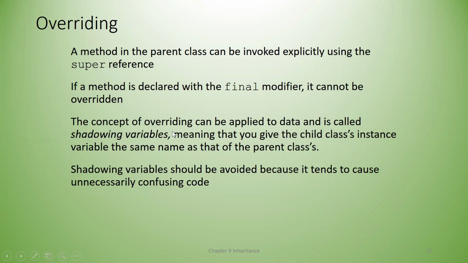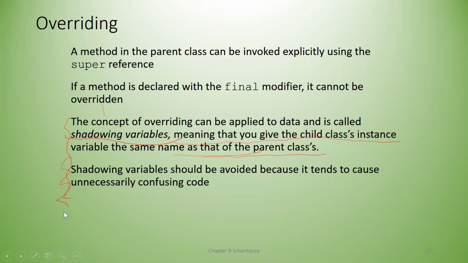The concept of overriding can be applied to data and it's called shadowing variables, which is not encouraged. So why do we have to talk about it? This is from the publisher, this part. It means you give the child class instance variable the same name as that of the parent class, and it's not encouraged.